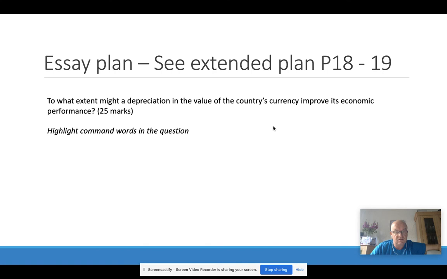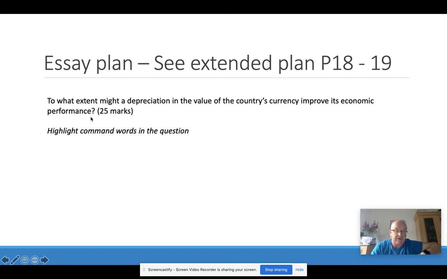So first and foremost, a little bit of a summary. Highlight your command words in the question. Clearly in this instance, we've got "to what extent", so we need to be giving a balanced argument. We've definitely got to talk about depreciation in the value of a country's currency and how that might take place. And also, if it does take place, is it likely to improve economic performance?